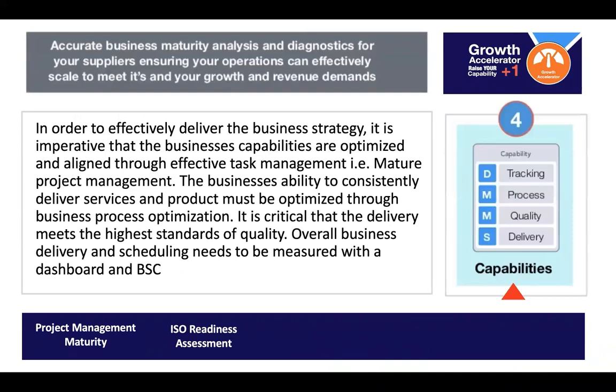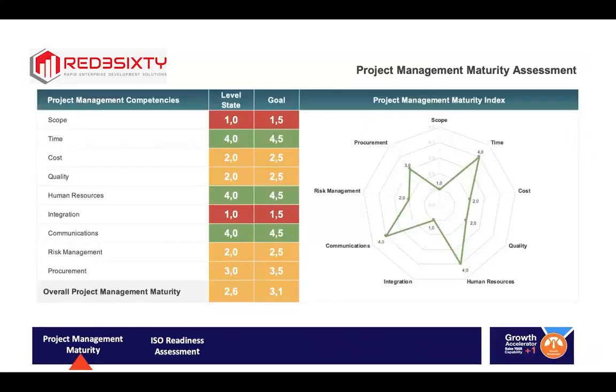Looking at capabilities, we were looking at two main components: project management maturity and ISO readiness. Establishing the capabilities within the company, we did a comprehensive assessment within the Business Builder. Here we provide you with a comprehensive tool looking at how mature their project management is.